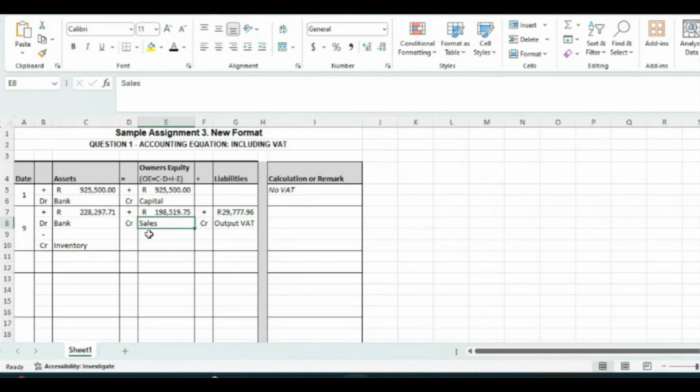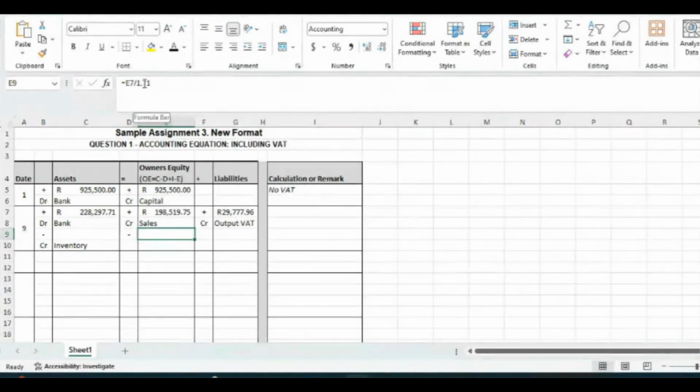Now let's go and look at what is happening with our inventory. Here something is going to decrease, and this will be our cost of sales. And so the way you do it is you go bank, sales, output VAT, but then the next thing that you have to do is calculate the cost of sales. Now remember, your cost of sales is always calculated on your VAT exclusive amount for the sales that you have there.